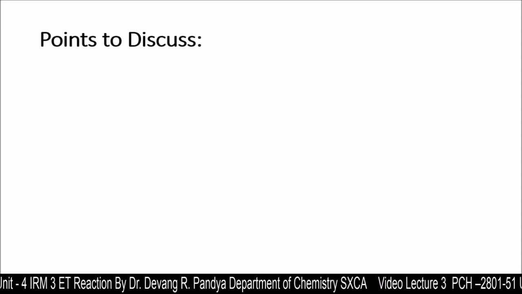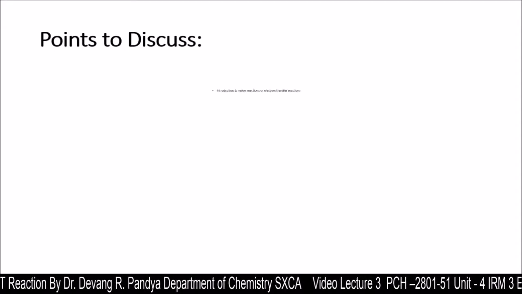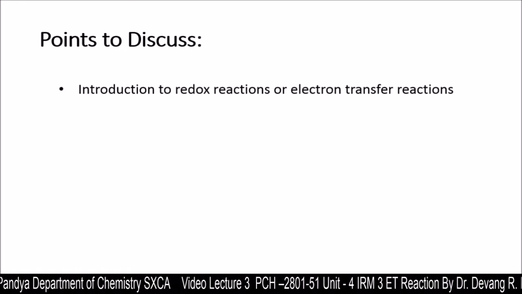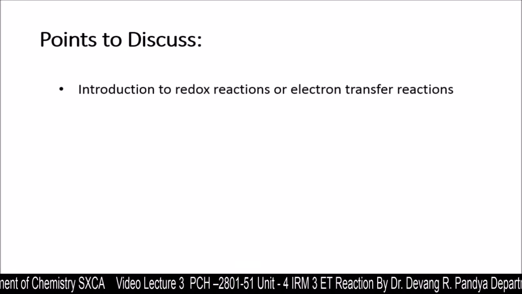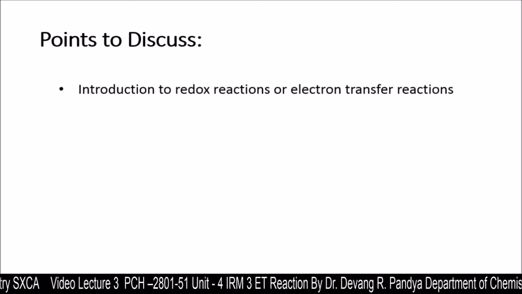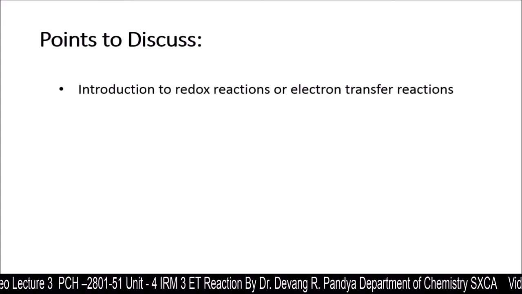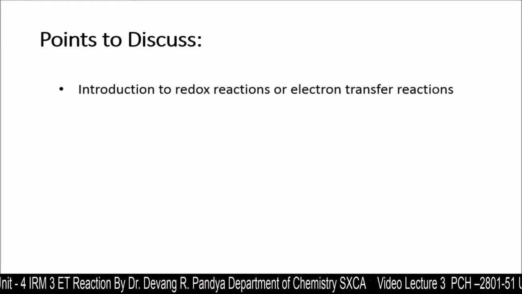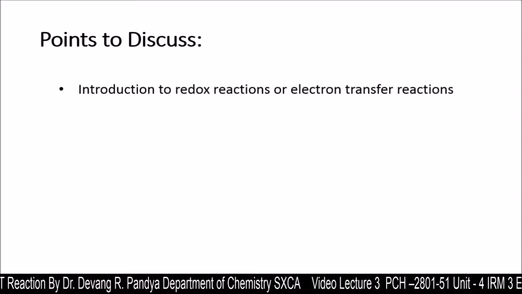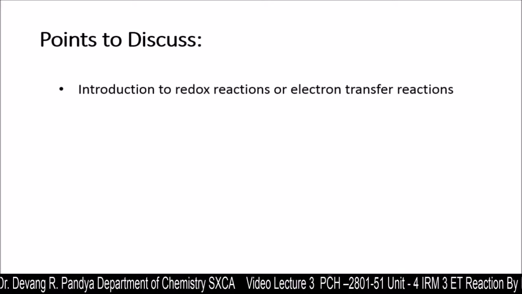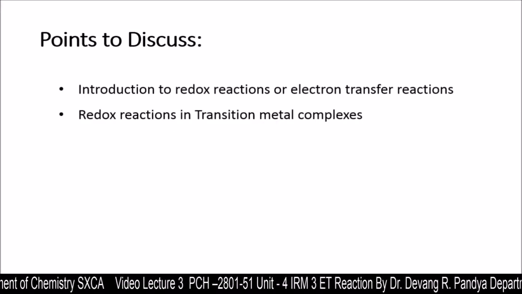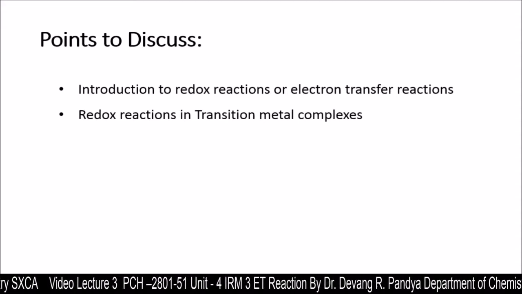Points to discuss in today's lecture on ET reactions. We're going to begin this lecture with an introduction to redox reactions or electron transfer reactions. We're going to define it and learn the different types of ET reactions in ligand substitution reactions of transition metal complexes, and redox reactions in transition metal complexes with certain illustrations.